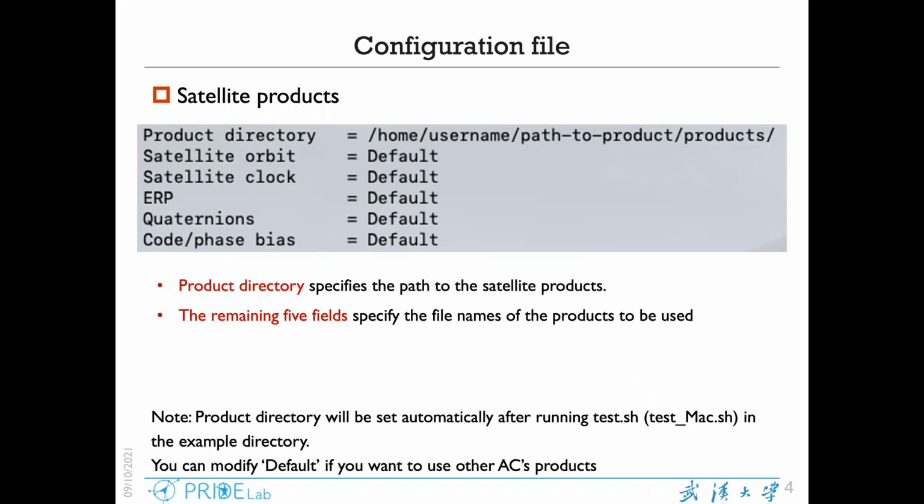But if you want to use some other AC product, for example, from JPL, CODE, ESA, or NGS, you need to change these 5 fields. For satellite orbit and clock, you need to put their file name here to indicate that you want to use some other AC products to process the data.